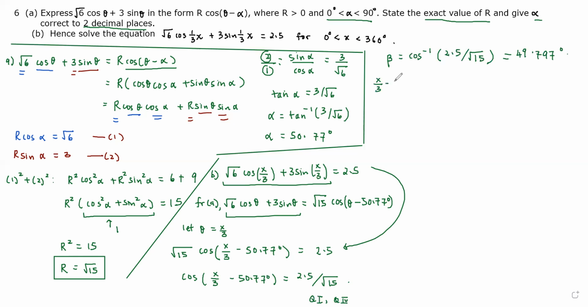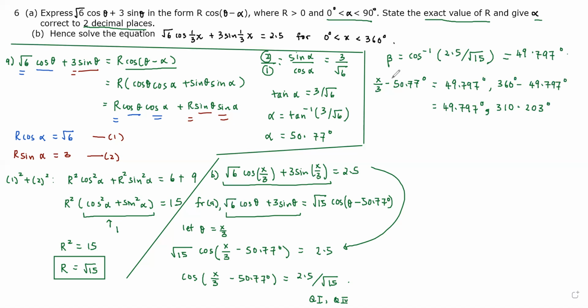Then x over 3 minus 50.77 degrees is an angle in the first quadrant, which is 49.797 degrees, and also an angle in the fourth quadrant. We have 360 degrees minus 49.797 degrees, that is 310.203 degrees.